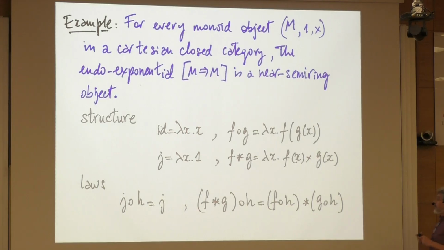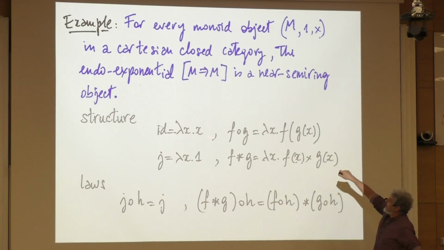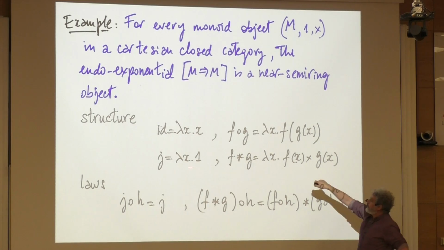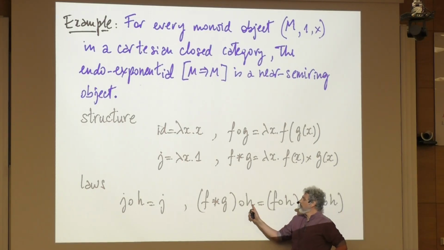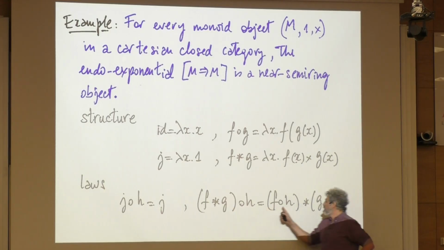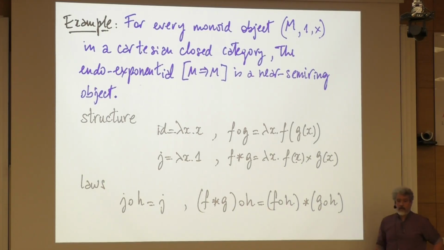And this is not a semi-ring, because only one of the distributive laws holds, and that's what makes it a near semi-ring. So we have the composition structure, the pointwise structure, and the distributive law only of the circle over the star, and not the other way around, again because we are not restricting the maps from M to M to be monoid homomorphisms.